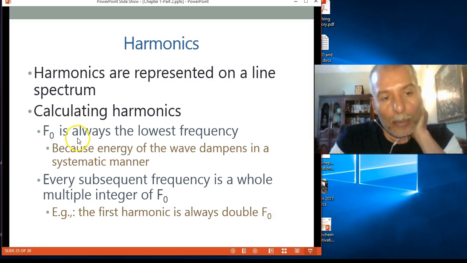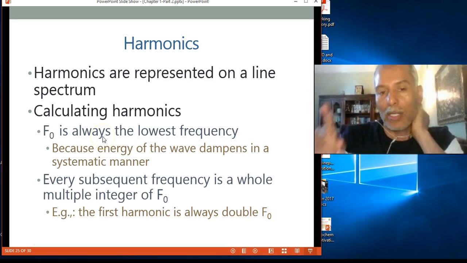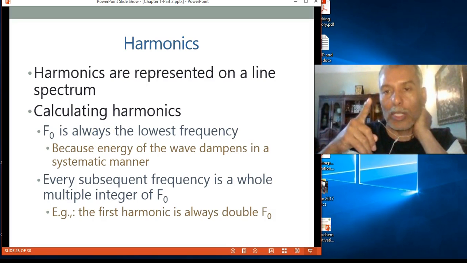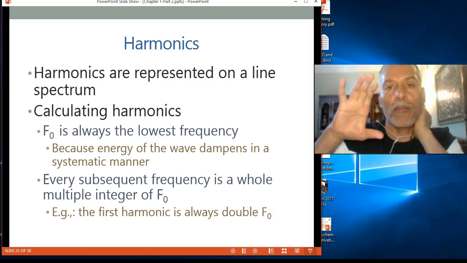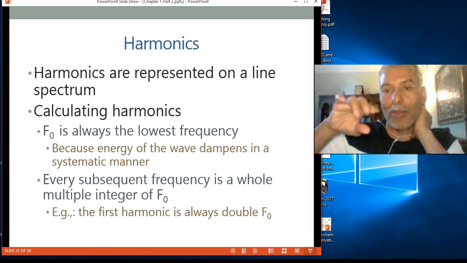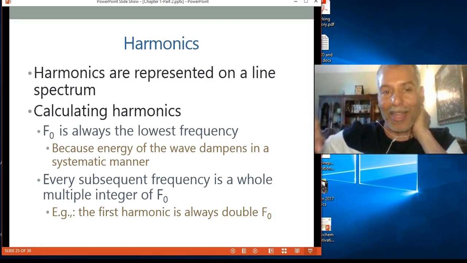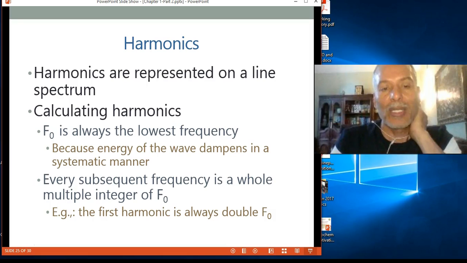So in that series, we look at the fundamental frequency as almost the mother frequency, and all the little frequencies come after as a result of it, and you can calculate them. Every subsequent frequency is a whole-number multiple of the fundamental frequency. I know this sounds like a complex concept, but I'm going to demonstrate and show you how easy it is.